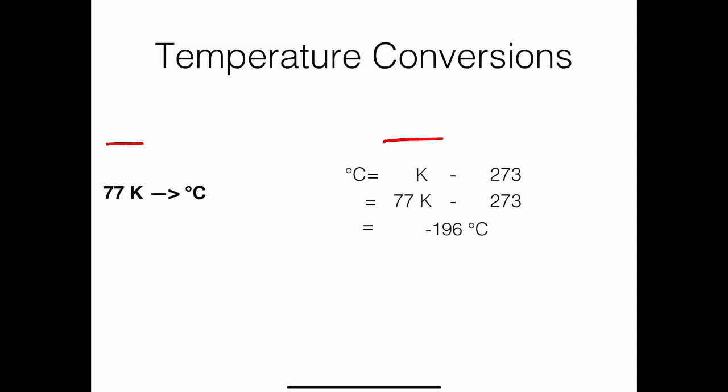What we also need to remember is that we cannot have a negative value for Kelvin, because remember, the lowest theoretical temperature that can be reached is 0 Kelvin. So therefore, we cannot have negative values. If you get a negative value for the temperature in Kelvin, you've done something wrong, probably subtracted when you should have added. So just keep that in mind. Negative Kelvin temperatures do not exist.